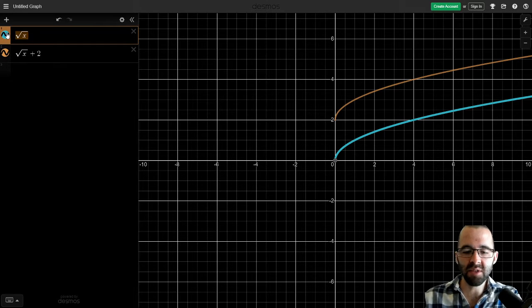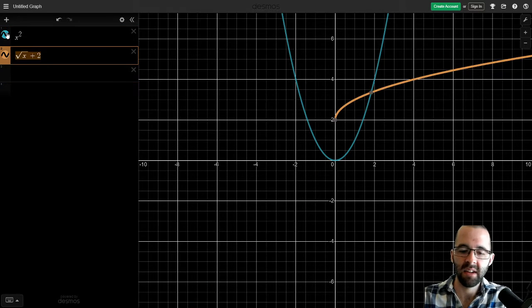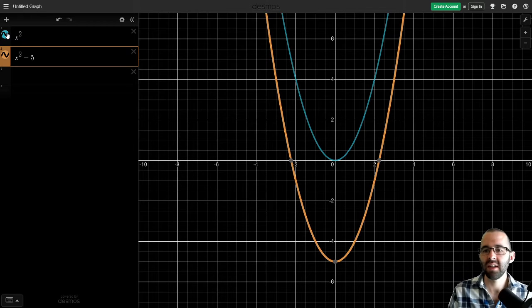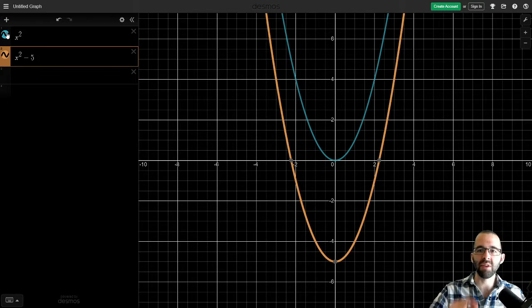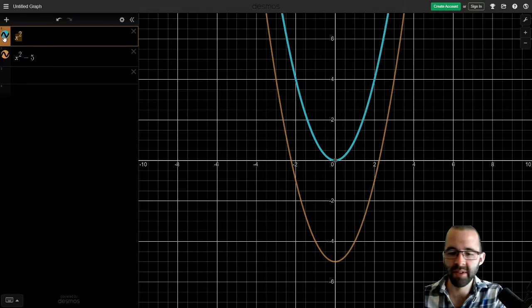We saw this with all sorts of functions. We have a parabola, and we subtract 5. It moves the blue graph down 5 units.